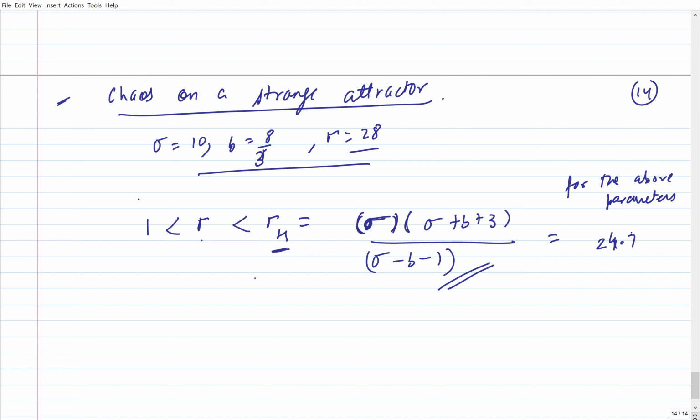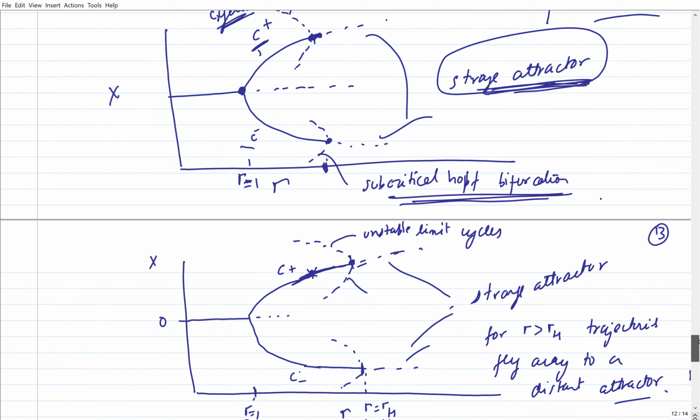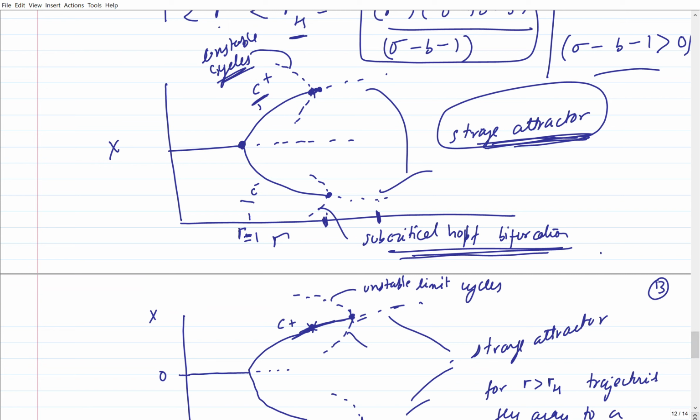So Lorenz is beyond rH. Lorenz is doing this numerical simulation somewhere here, with rH at 24.74, and Lorenz is somewhere here at 28.